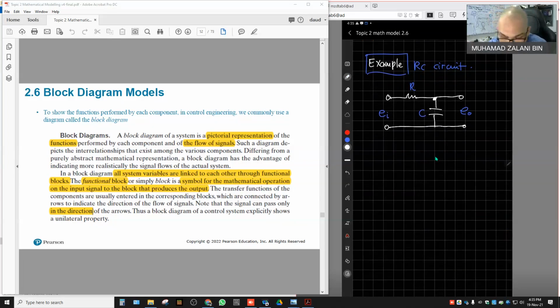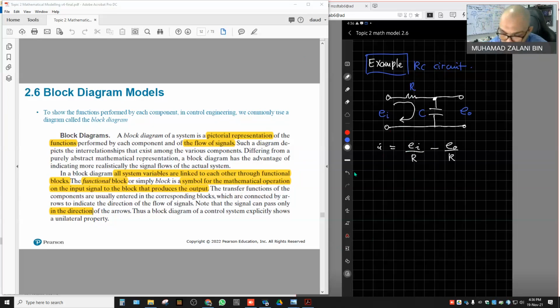Let's say the current I for that loop can be represented using the input voltage: the current at the input, EI over R, minus the current at the output, E naught over R. So that is the current equation for this particular RC circuit.